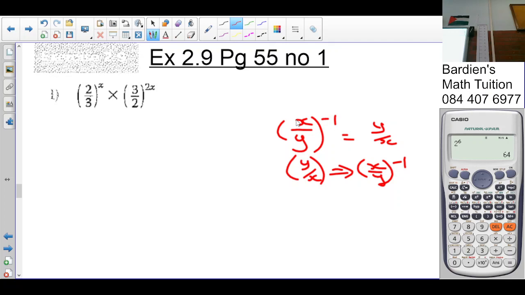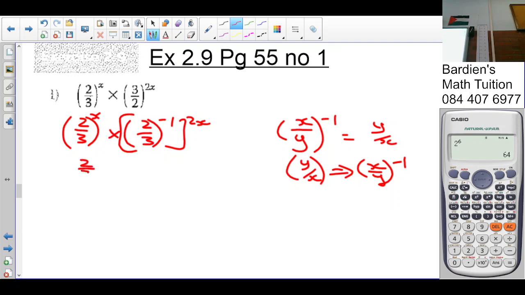Not so? And why do I want to talk about that? Because I know that 2 over 3 can be written as 2 over 3 raised to the negative 1 raised to the 2x. You see that? Which is now 2 over 3 raised to the x times 2 over 3 raised to the negative 2x.